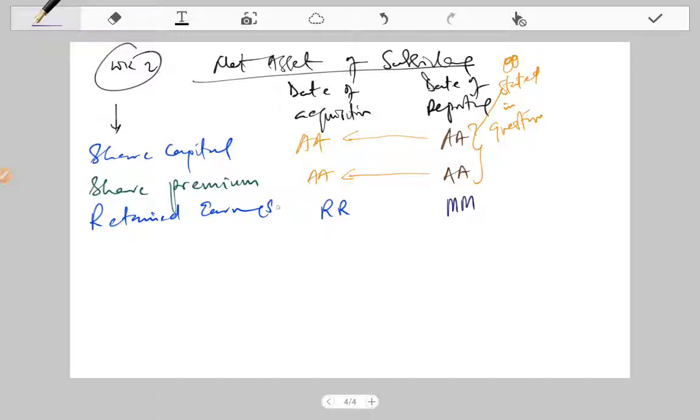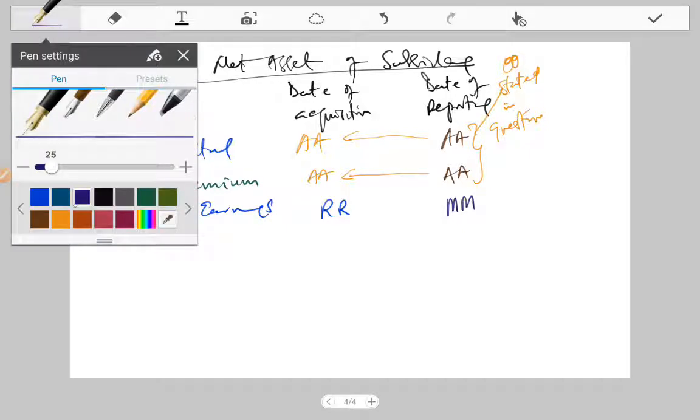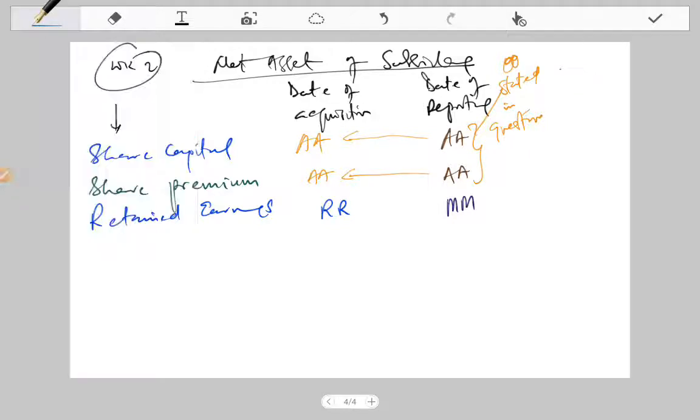Now, having seen these two scenarios, we are going to use our ability to determine our post-acquisition reserve. And the rule says, how do I get my post-acquisition reserve?